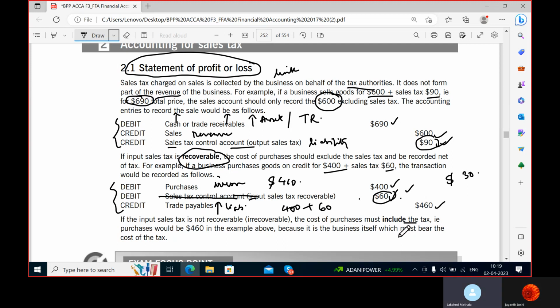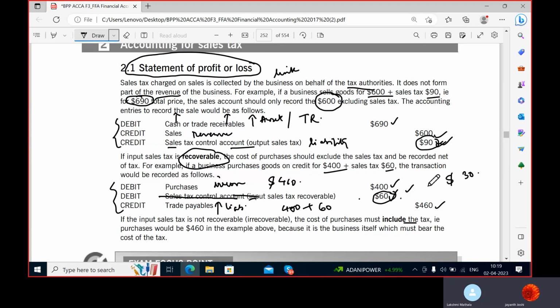Ma'am, could you repeat the irrecoverable part once again? Yeah. See, I said that when the input sales tax is not recoverable. Here we have recovered the amount of $90. But what if the sales tax is not recoverable? That means $60 we are unable to recover.